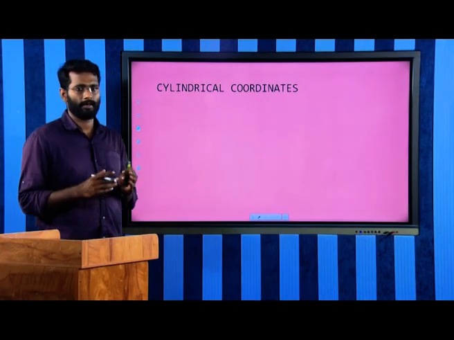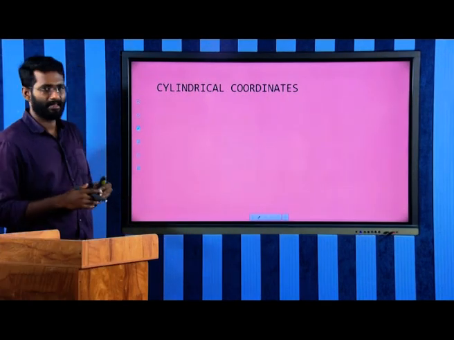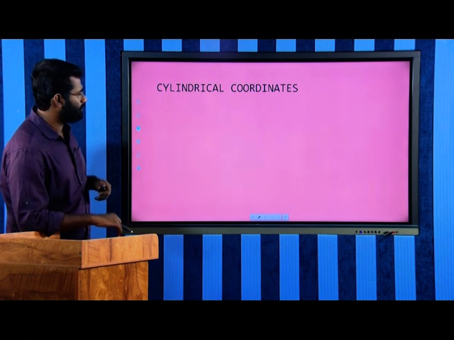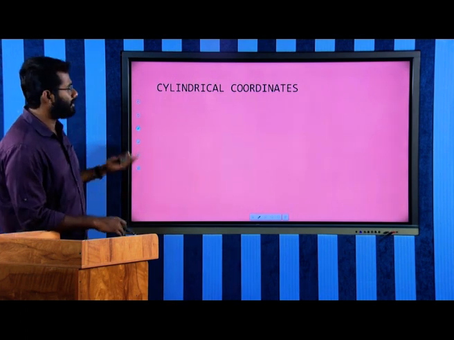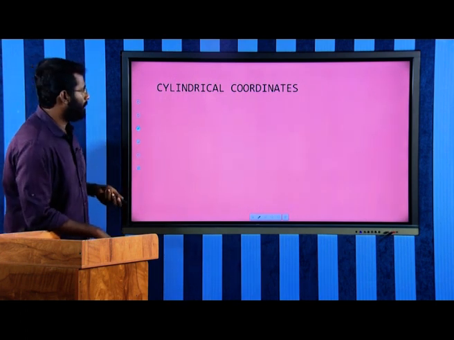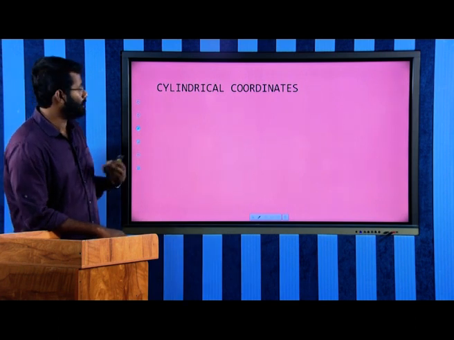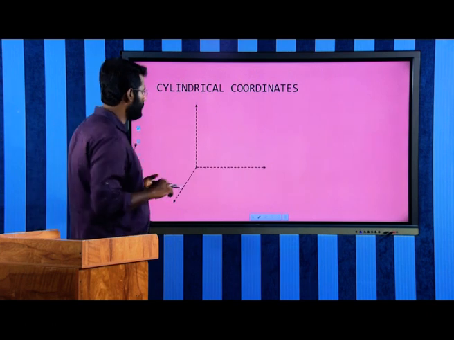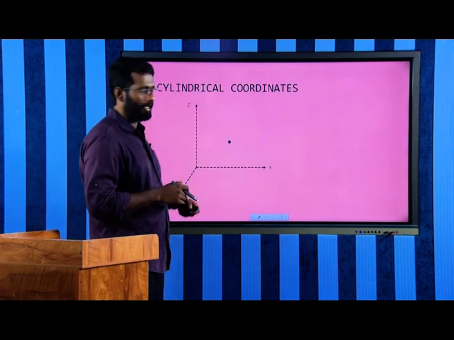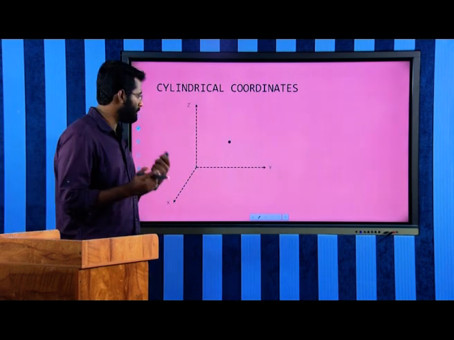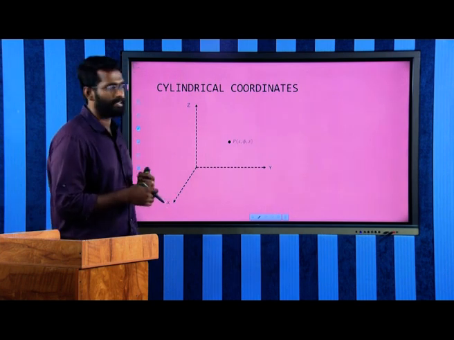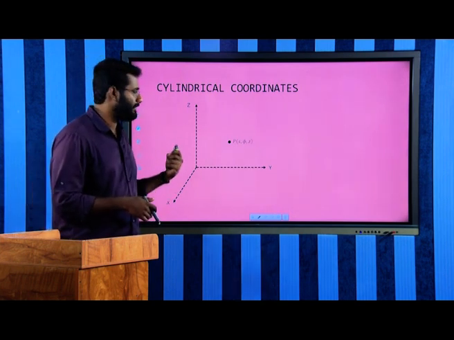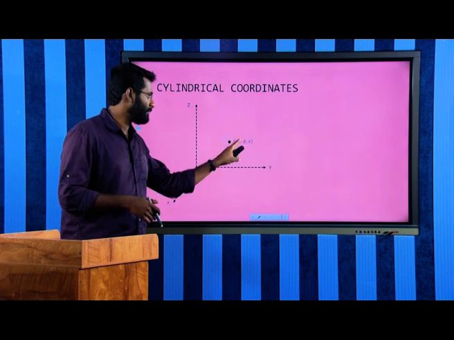So, now let us talk about the second coordinate system, that is the cylindrical coordinate system, which is much easier than the spherical one we learned before, because two of the components are the same as what we have seen before. So, the purpose is to find the coordinates of this particular point P in space, and in the cylindrical coordinate system we define its coordinates as s, phi and z.